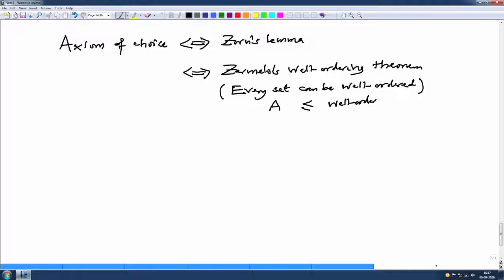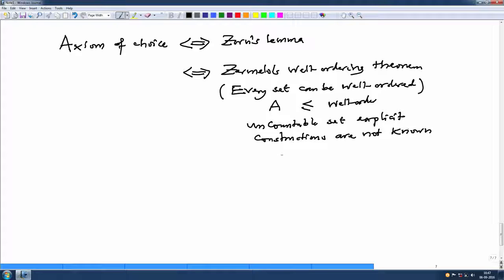This construction is not explicit, it is an abstract construction, and even for uncountable sets explicit constructions are not known, even on the set of real numbers.